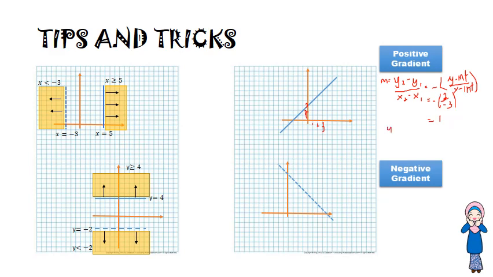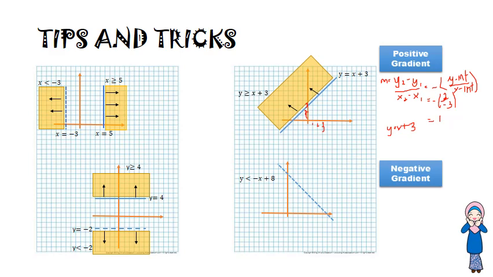So our equation is y equals x plus 3. If you want to shade y greater than or equal to, we need to shade the region on top of it.